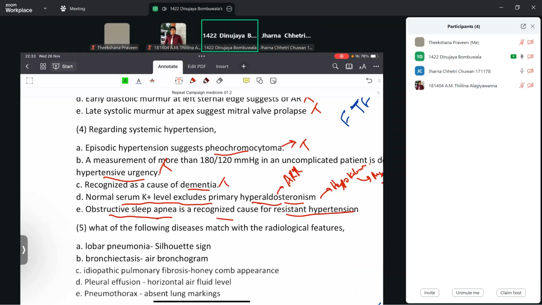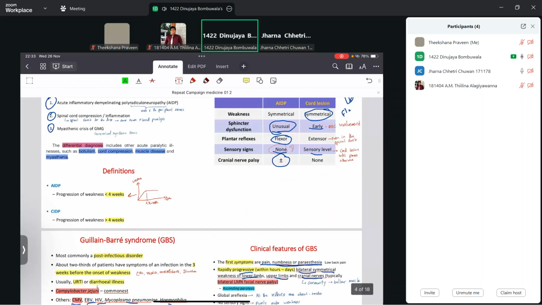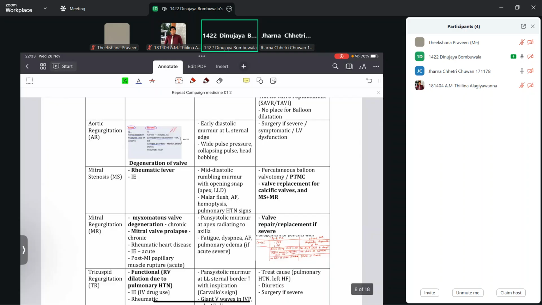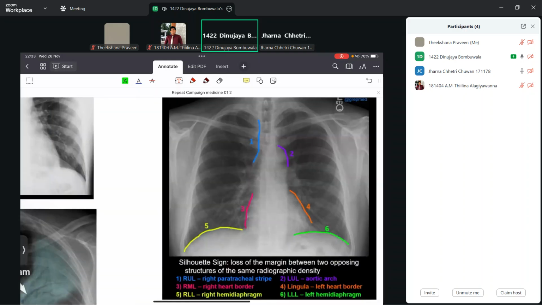So I got some pictures for this one. We had a session from, I think, Udari madam, for us.